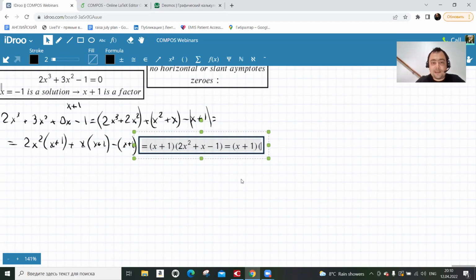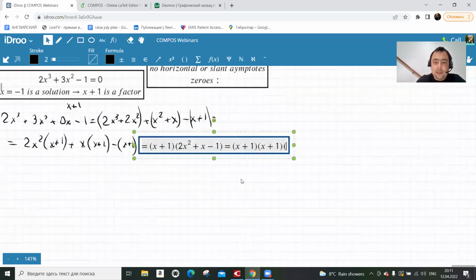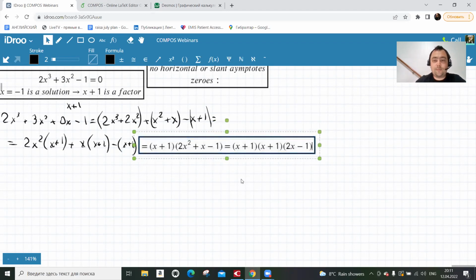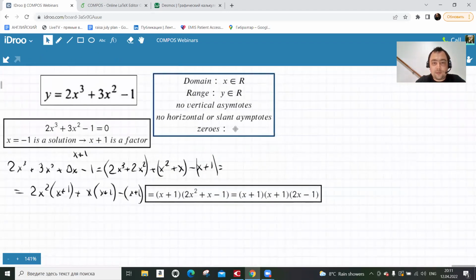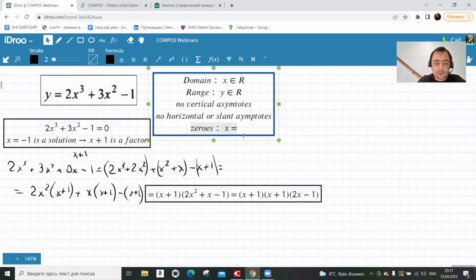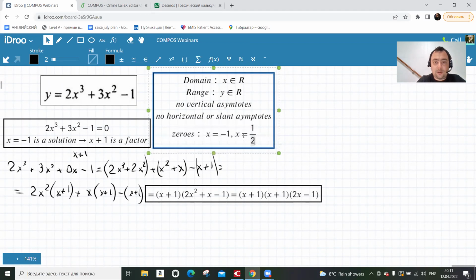As a matter of fact, it has two solutions. One of them is minus 1, so it's going to be x plus 1, and the other one is going to be 2x squared plus x minus 1, so it's going to be plus a half, so it's going to be 2x minus 1. Right. So we have two zeros. The zeros are x equals -1, and x equals a half.